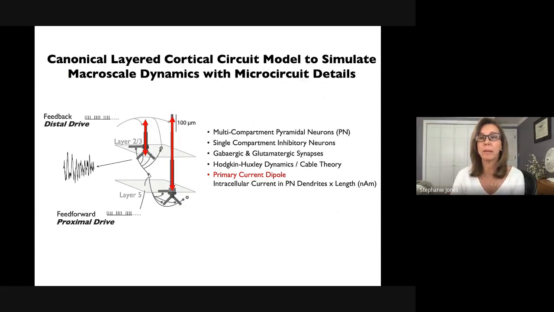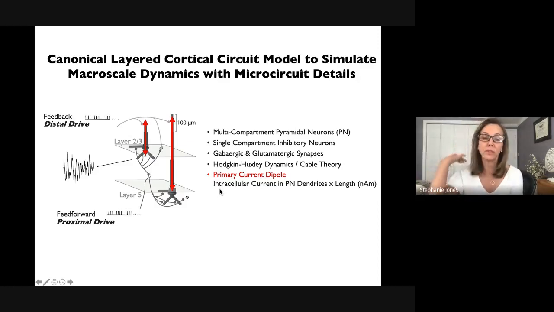Now, just to give you a little more detail about what's in our neural model, this is simulated in NEURON Python, and now NetPyNE, as I'll describe at the end. We have multi-compartment pyramidal neurons in the supragranular and infragranular layers. We have single compartment inhibitory neurons because these aren't contributing directly to the recorded signal, but they're very important for the dynamics that the network expresses. We have both fast and slow GABAergic and glutamatergic synapses.